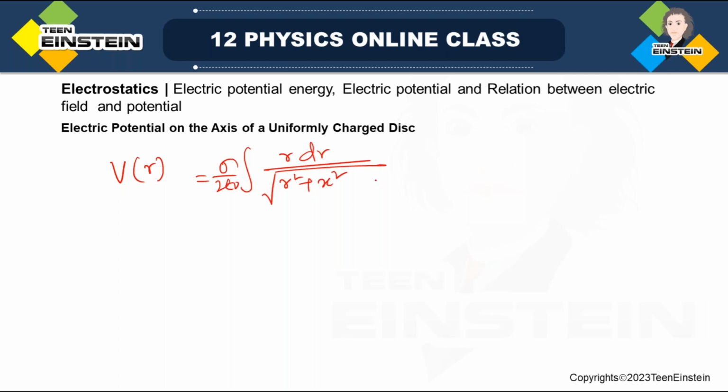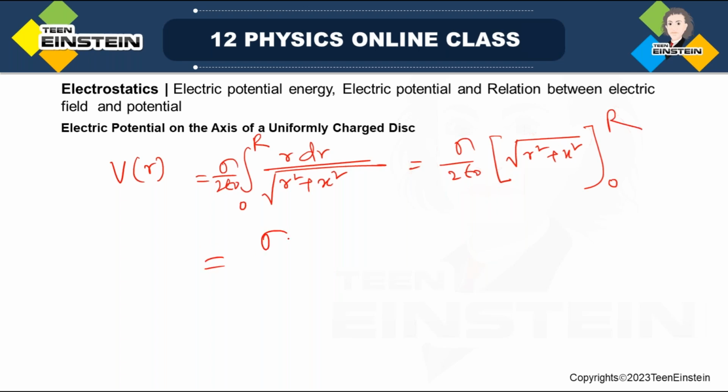This part we had already integrated, 0 to R. The result was the square root of r square plus x square, with limit 0 to capital R. So sigma by 2 epsilon 0, then put the limit when small r is capital R. This is actually the limit on r.